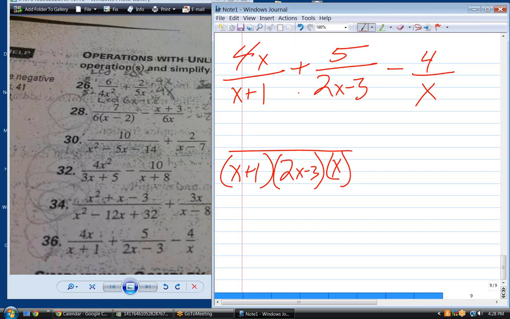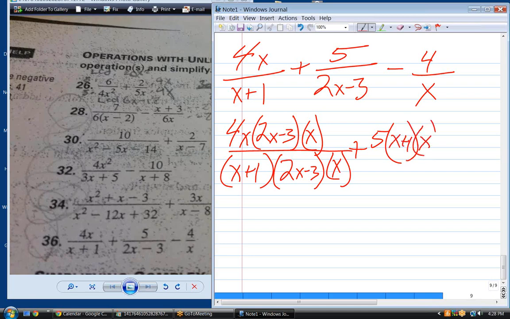It goes upper left. So it's 4x, then parentheses 2x minus 3, and then x. Okay. In the middle? It would be x plus 1, and then x. And on the right side?